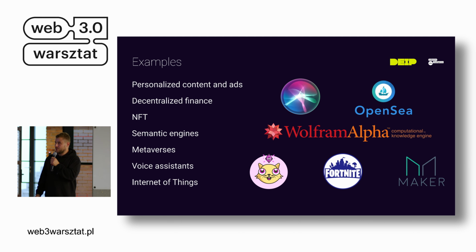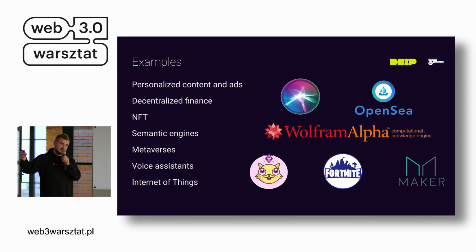And some examples of what we have right now. Even though I was speaking about a lot of things and maybe some of them were quite fantastic and futuristic, we already can see many examples of Web3 in our world. For example, we can see personalized content and advertisement. This is a Web3, kind of.